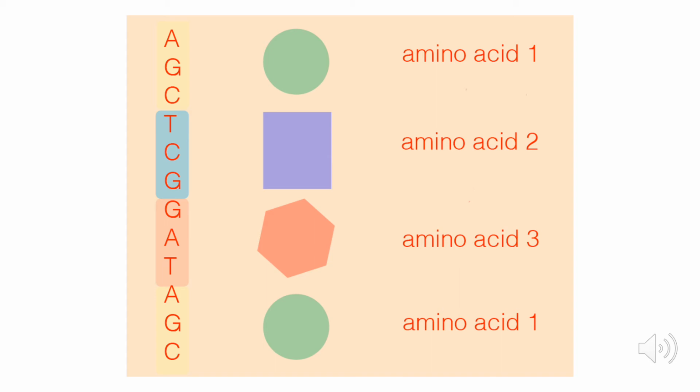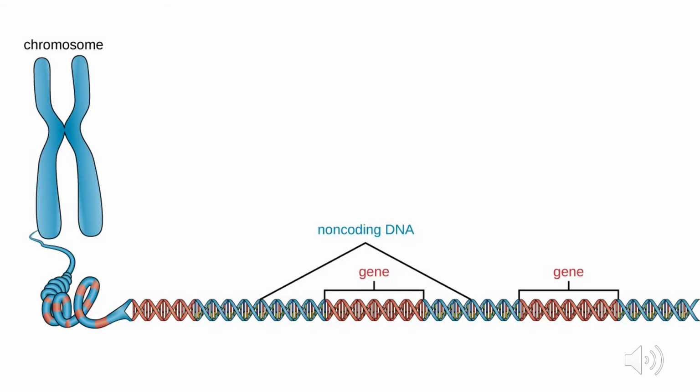A gene is all of the nucleotide bases that code for 1 protein. There are about 28,000 genes in the human genome. Even so, genes make up only about 1% of the complete human genome.